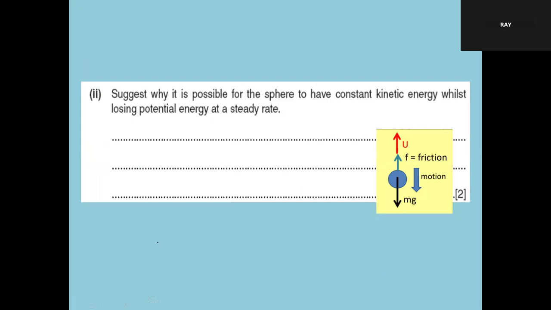Suggest why it is possible for the sphere to have a constant kinetic energy while losing potential energy at a steady rate. Have in your mind what are the forces acting? Mg, frictional force, upthrust.